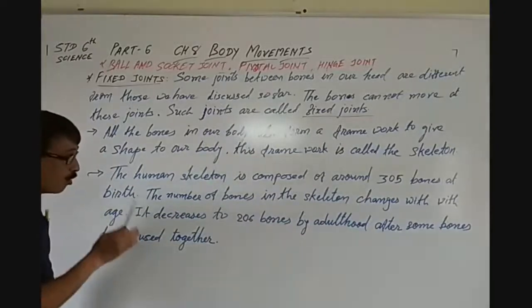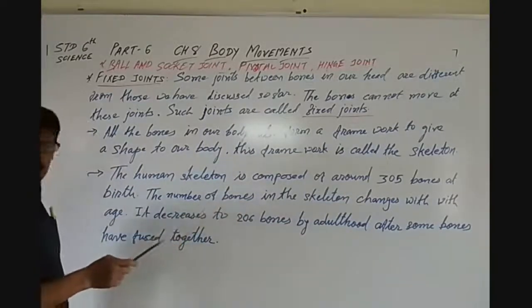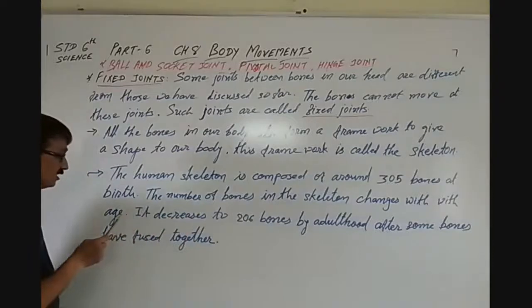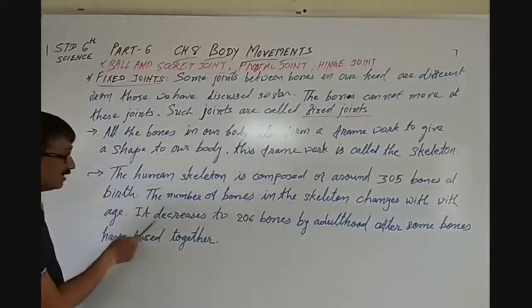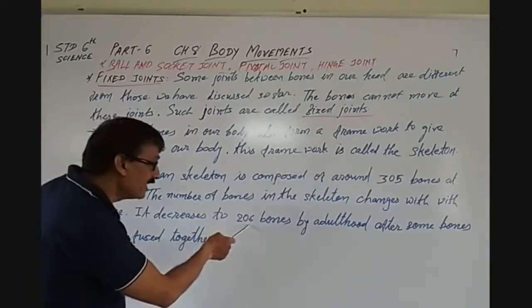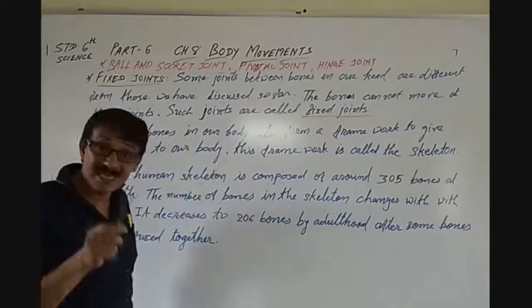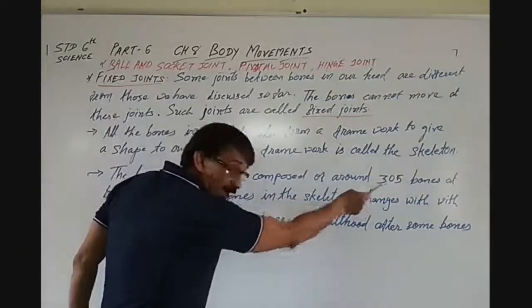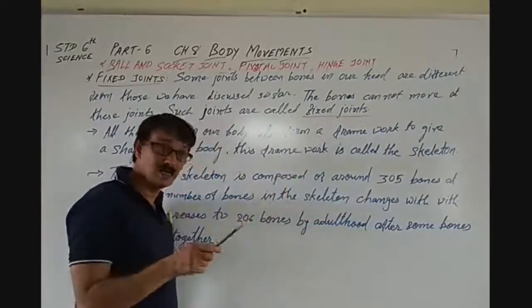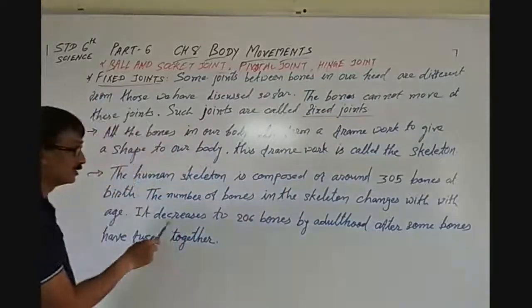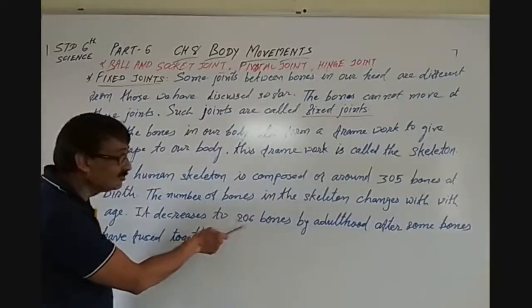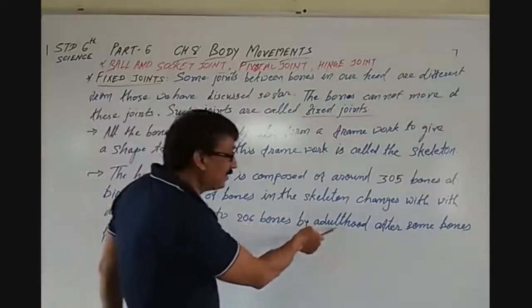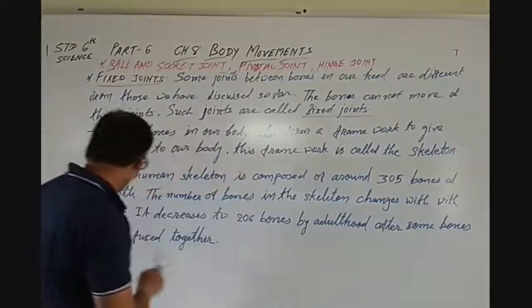It decreases to 206 bones by adulthood, after some bones have fused together.